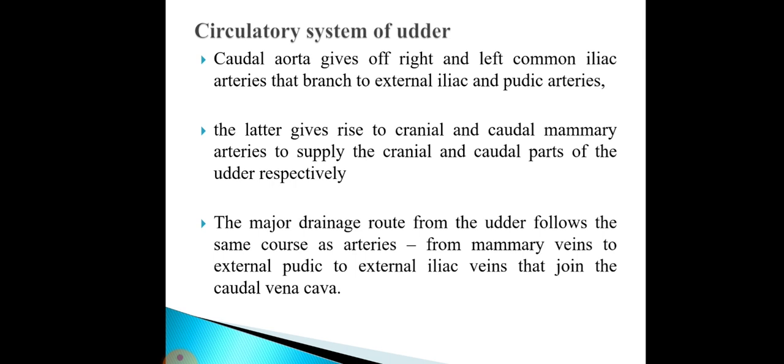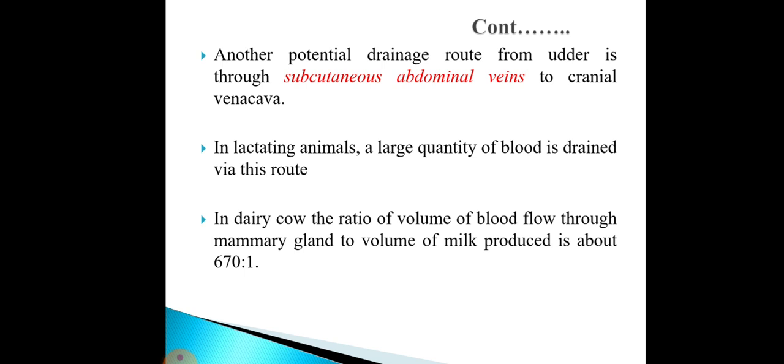The major drainage route from the udder follows the same course as the arteries, from mammary veins to external pudic veins and to the external iliac veins that join the caudal vena cava. Another potential drainage route from the udder is through the subcutaneous abdominal veins to the cranial vena cava.